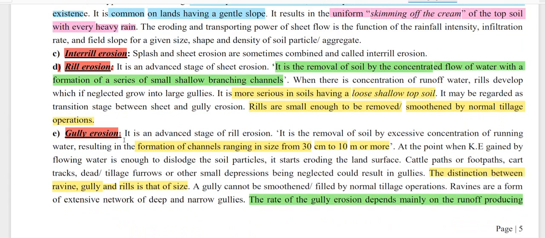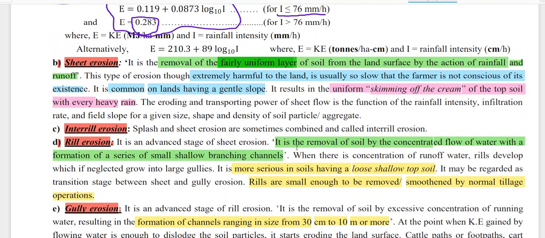See here, a gully will be formed, and this gully is the advanced stage of that rill erosion only. It is the removal of the soil by excessive concentration of the running water, resulting in the formation of channels ranging from 30 centimeter to 10 meter. Even it can be more than 10 meter also. So see, this is very much harmful. If we control the sheet erosion, then we will not get any rill erosion.